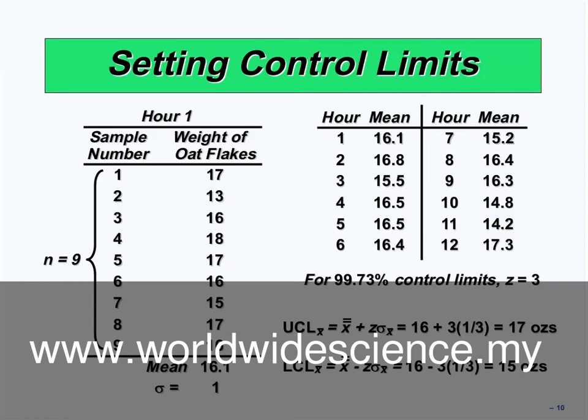Okay, so the 12 numbers in 12 hours have been summed up and then divided by 12, giving us X bar bar. X here is weight, because weight is important for the operation manager in this industry and in this company.